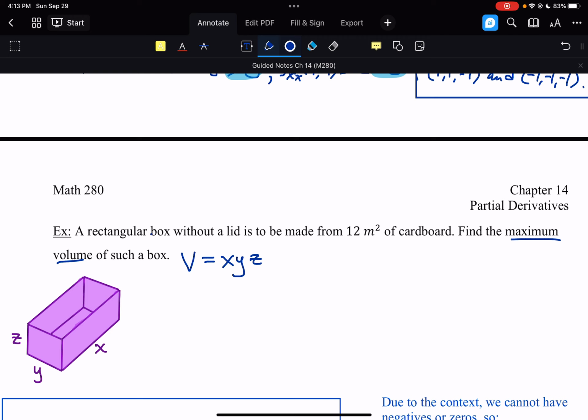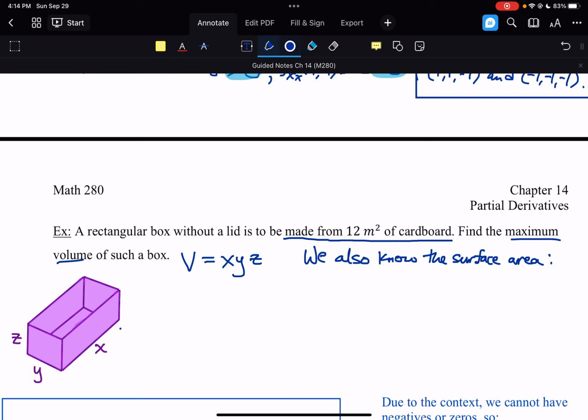What else do we know? We know that it's to be made from 12 square meters of cardboard. So we also know the cardboard, that amount of material, would be the surface area. So surface area would be just, again, the area of all of the surfaces added up together.